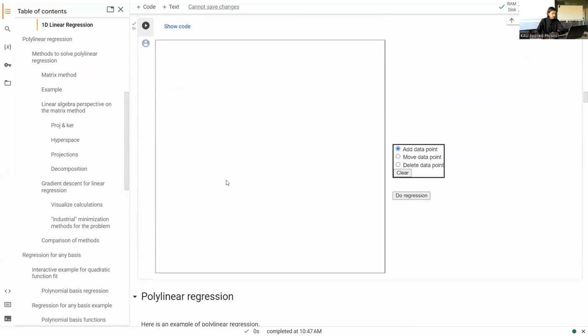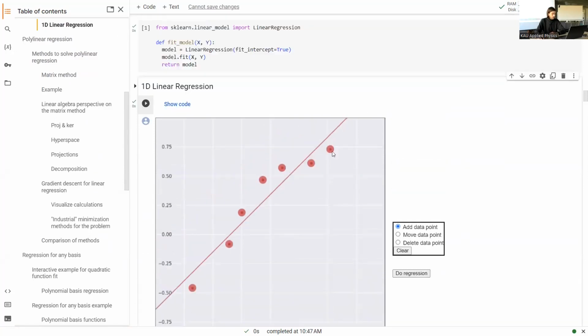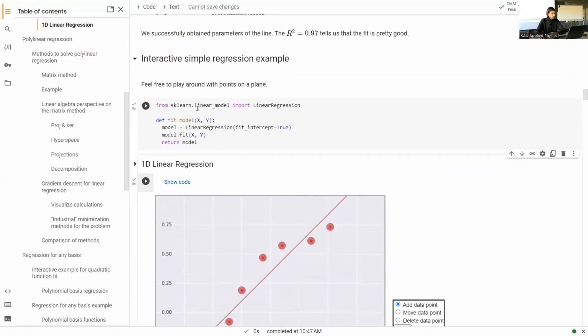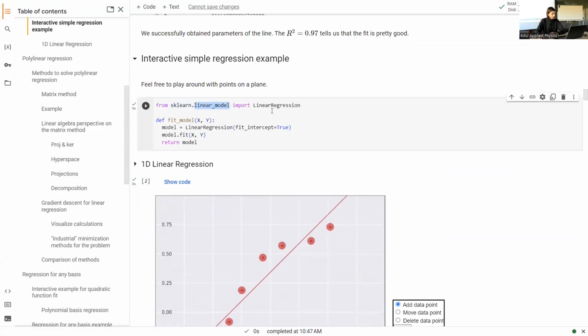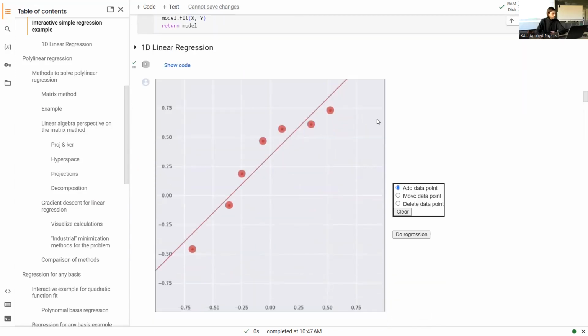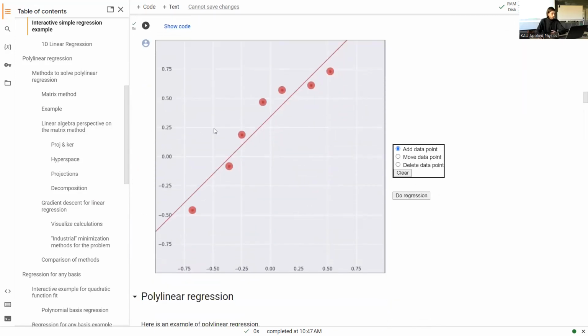This is just an example for you to play around, to put some points in here, and you can ask it to do regression. This demo uses sklearn's linear model, linear regression. So that's linear regression from the libraries, and you see the result these libraries give to you.